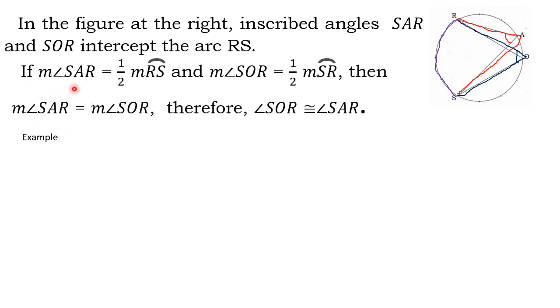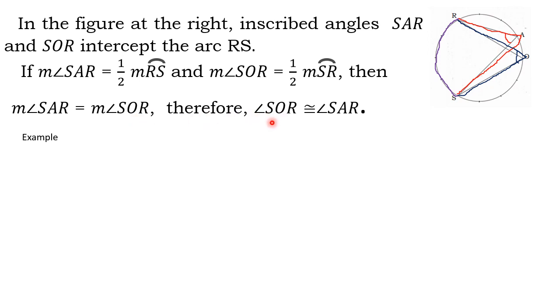So if the measure of angle SAR is 1/2 the measure of arc RS by applying theorem number 1, and the measure of angle SOR is also 1/2 of the measure of arc SR, then the measure of angle SAR is equal to the measure of angle SOR.